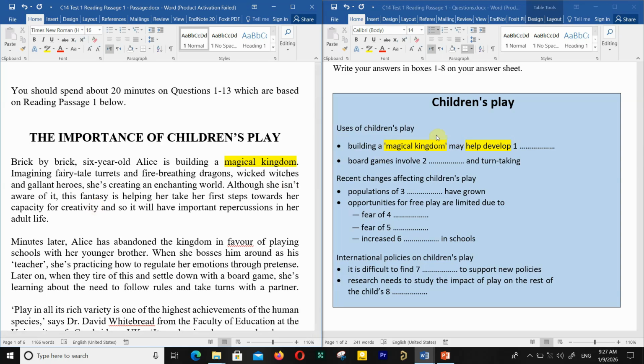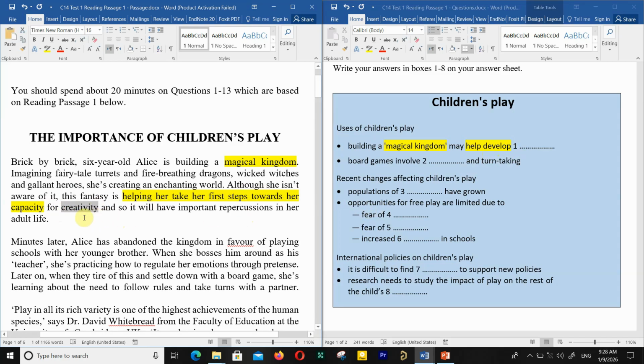You see, when I locate the answer, then I read it word by word very carefully. And here it says that is helping her take her first steps towards her capacity for what? All of these meaning that may help develop something, develop creativity.